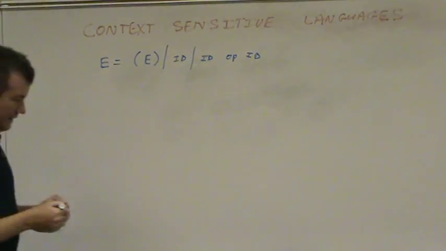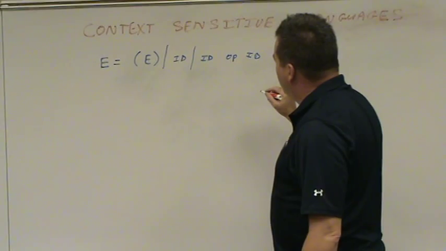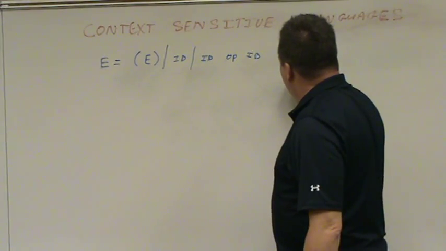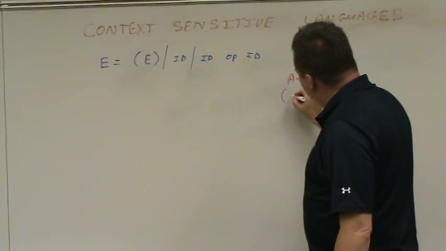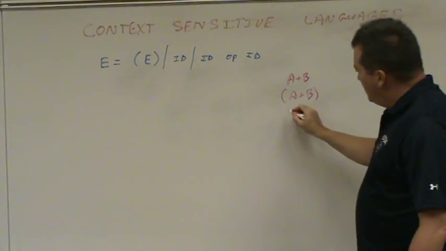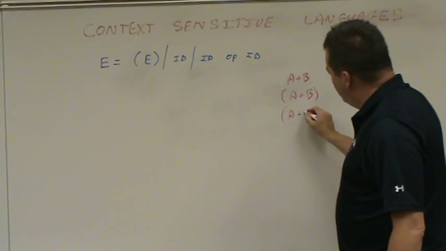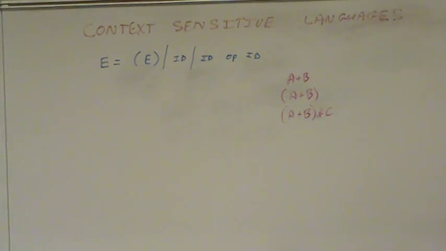So this would be an example of a language where, for example, expressions are like A plus B, that's an expression. Open paren A plus B, that's a yes. Open paren A plus B times C, that's an expression.